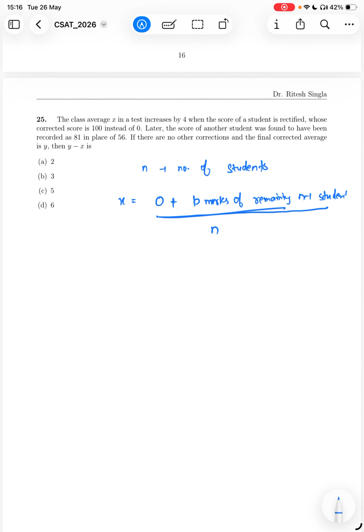So what I'm saying is the total of the n minus 1 students have, say, nx marks, right?